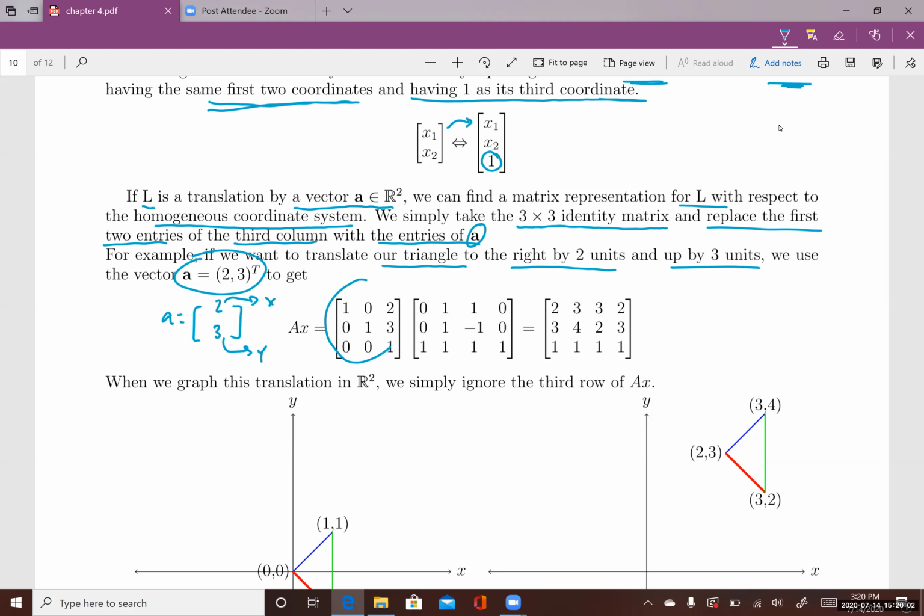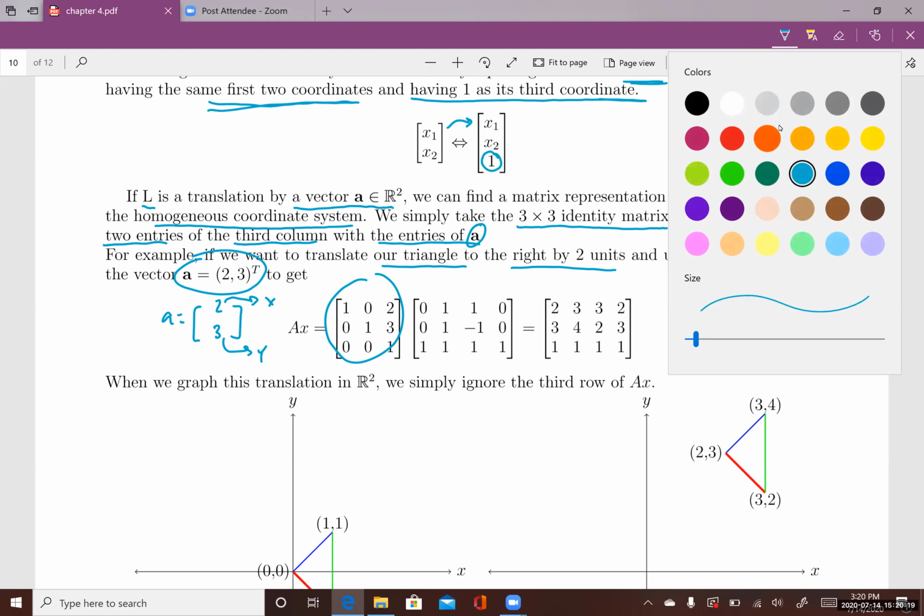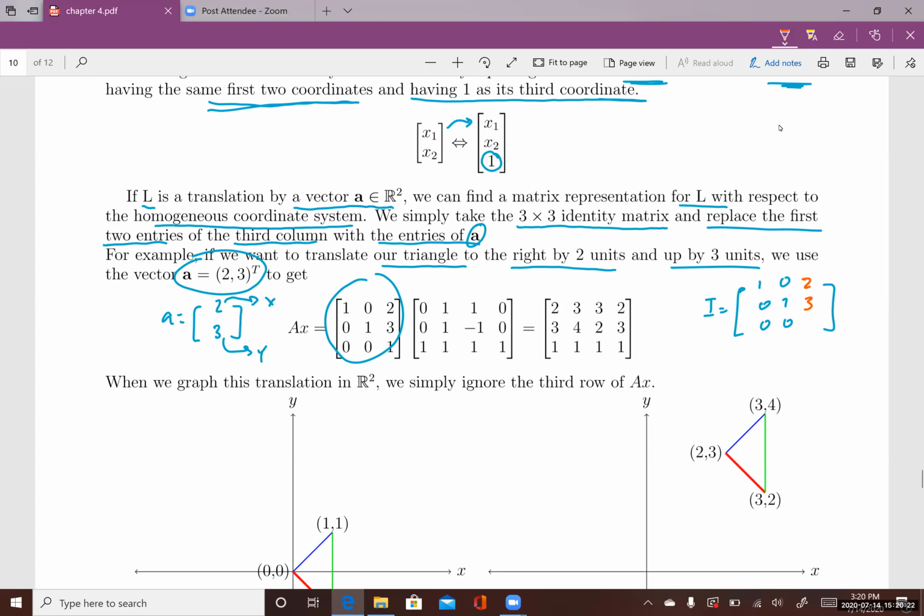You start with an identity matrix, 1 0 0, 0 1 0, 0 0 1, and then on the third column, you replace it by 2, 3, and 1. And (2, 3, 1) here is the vector in R3 that we get from our translation (2, 3), translated to the homogeneous coordinate system.